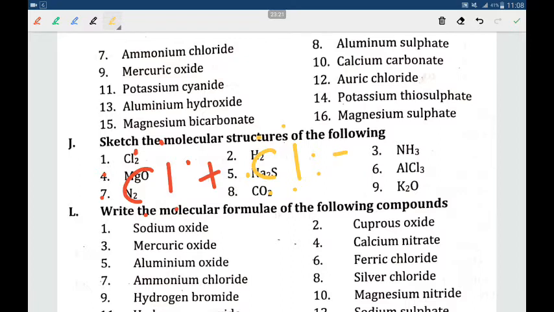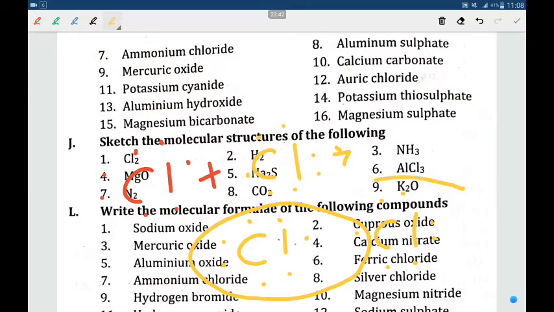They share the electrons. Cl, and here is Cl. 1 electron, 1 electron, 1, 2, 3, 4, 5, 6, 2, 3, 4, 5, 6, and this 1 electron is also shared.